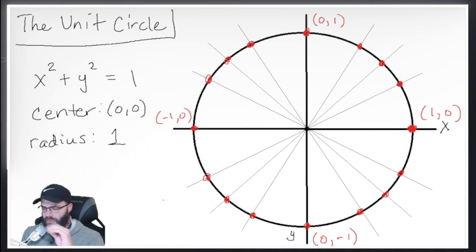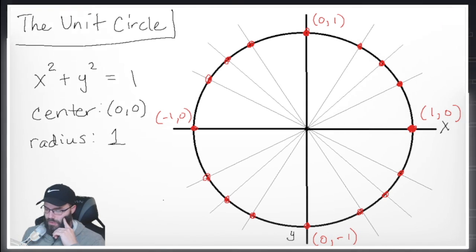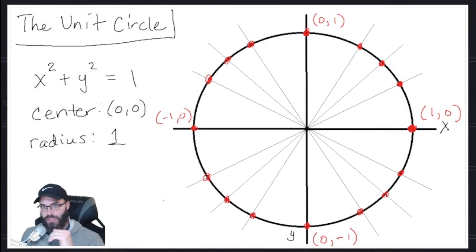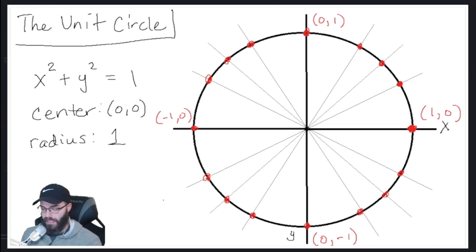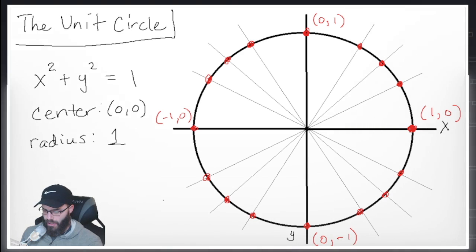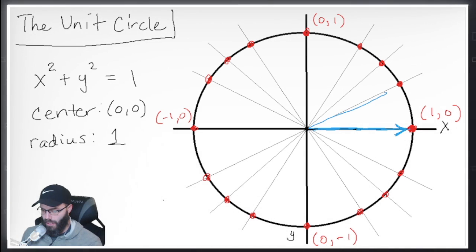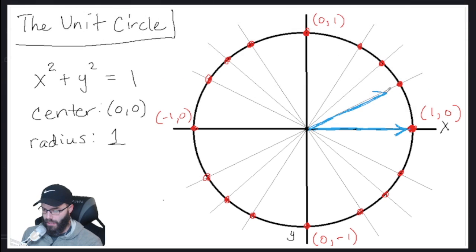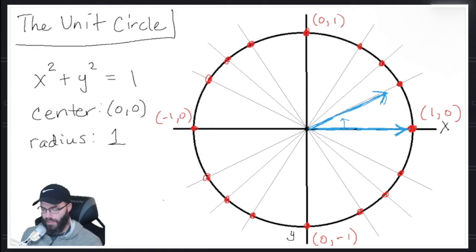All right. So the first thing I like to show whenever I teach the unit circle is the degree measurements along all of these angles, right? These I can look at as angles. So I'm going to draw up here in blue. If I consider this to be an initial side and this to be my terminal side of an angle, then you can see that this right here, I can label that angle, all right?